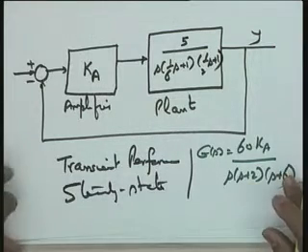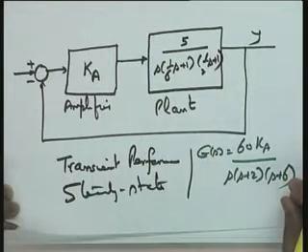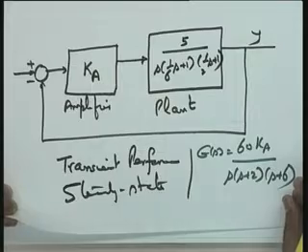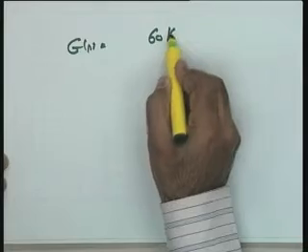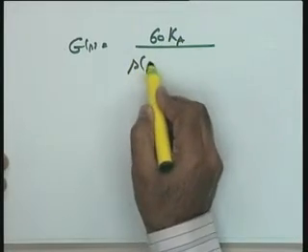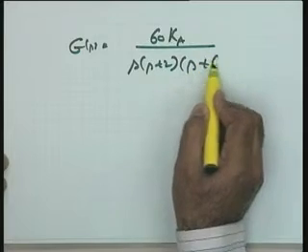Putting it in the pole-zero form, this is the open loop transfer function. In one of the tutorials I discussed this problem, but it was not completely discussed there. So, the initial portion I am repeating so that we can continue with the design of this particular motor servo problem. So, G(s) equals 60 Ka divided by s into (s plus 2) into (s plus 6).